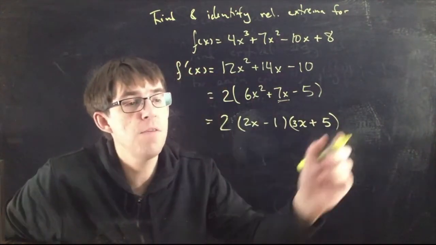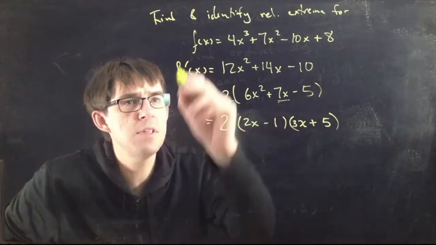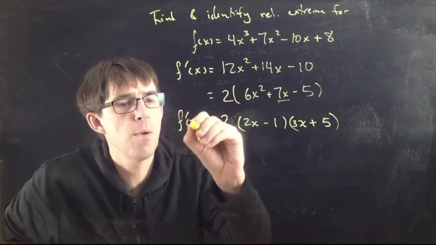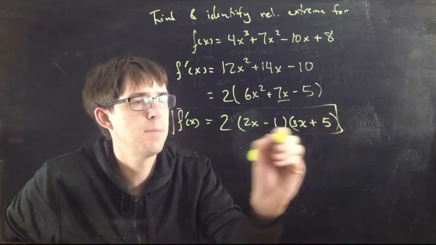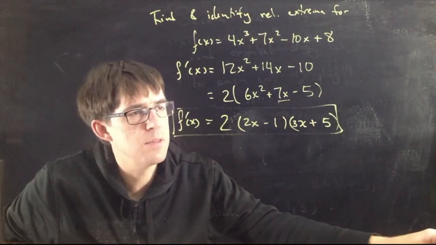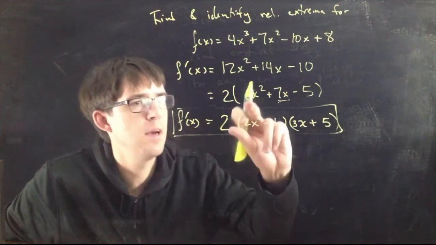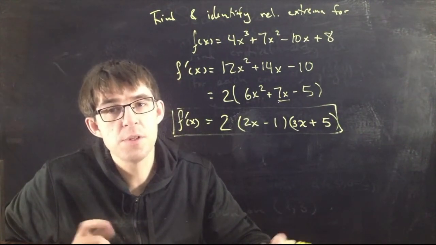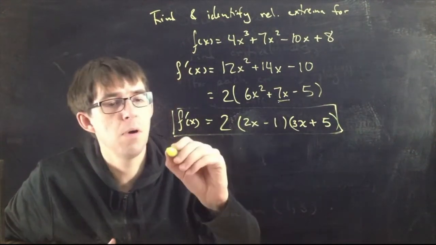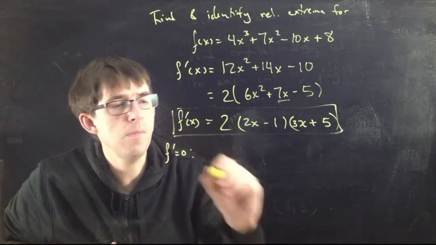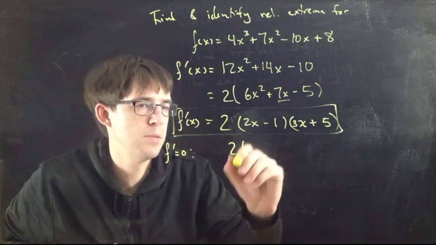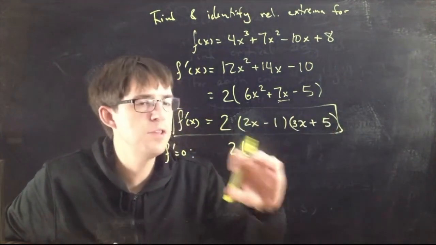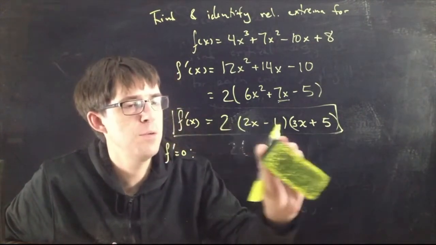Okay, can we solve this then? Well, no, this is the simplified form of f prime of x, right? Every so often I like to do one of those tricky factorings with the extra number on the front there. Okay, can we find the critical numbers? To do that, you set this equal to 0. What do we get? You make each of these things 0. The 2 doesn't matter because the 2 cannot be 0.